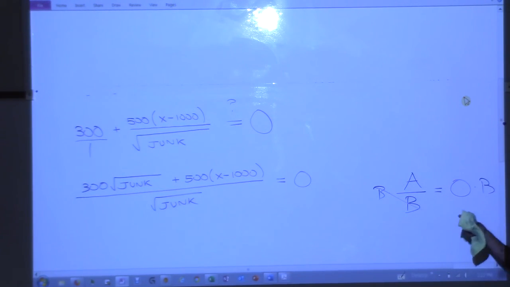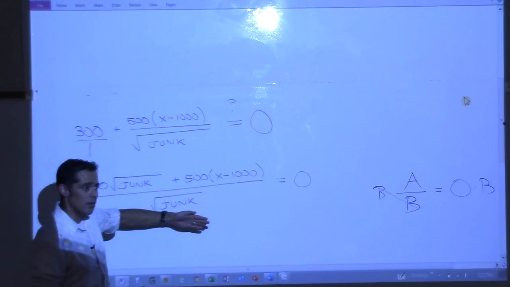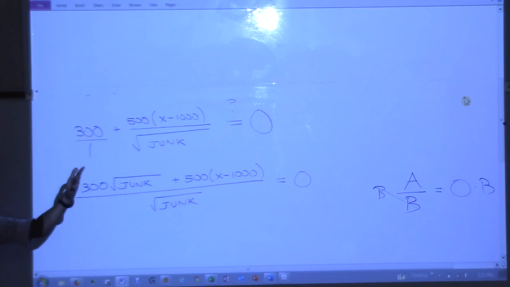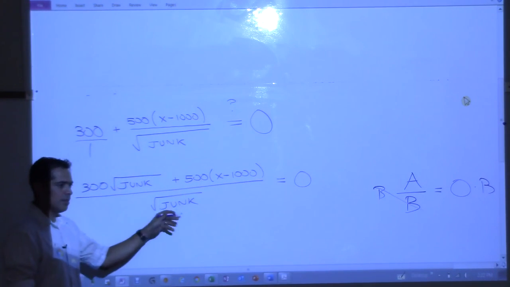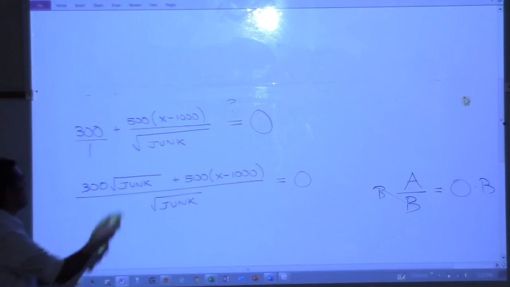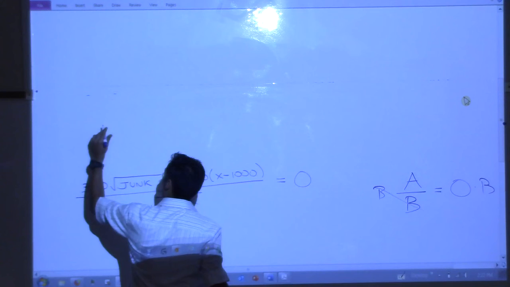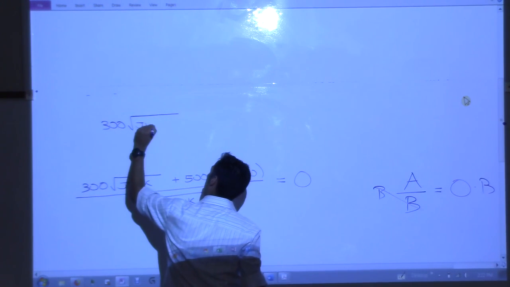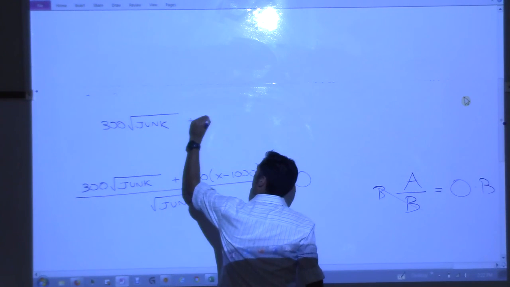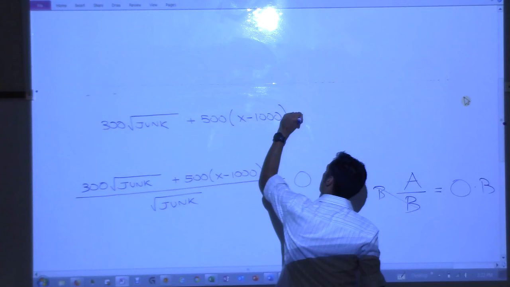So anytime a fraction is equal to 0, you only have to look at where the top is equal to 0. That's nice, because then I don't have to consider this junk down here anymore. So my next line should look like this. 300 square root of the junk plus 500 x minus 1,000 equals 0.